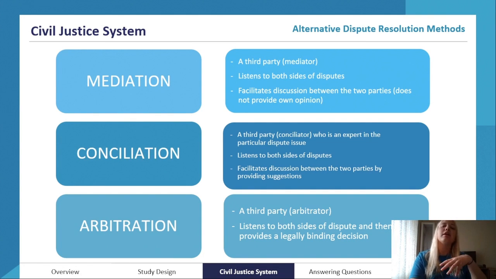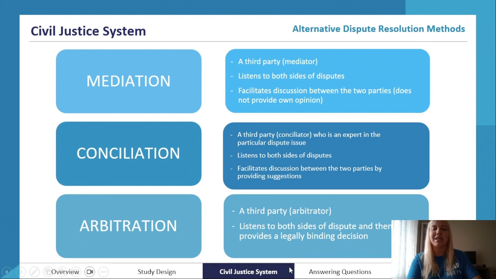So listen to both the person that thinks their civil rights have been offended, as well as the defendant, and will help to facilitate discussion between the 2 parties. So it helps to maintain a good relationship between them and essentially keep their conversation on track, make sure they're discussing the issue and potential settlement. But the mediator cannot provide their own opinion and solutions.